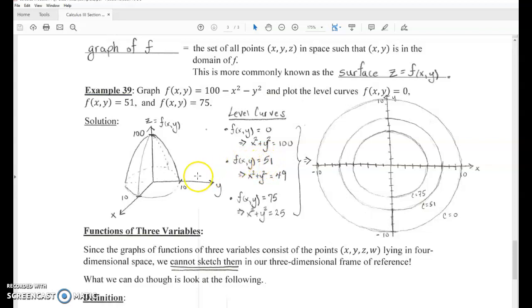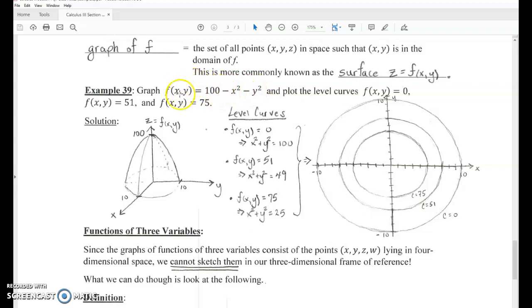But if I take a slice of this, imagine slicing a plane parallel to the xy plane straight through this, that would form a circle. So at a height of z equals 51, right about in here, I slice it. When I plug in 51 for z, or f of x, y, I get 51 equals 100 minus x squared minus y squared.